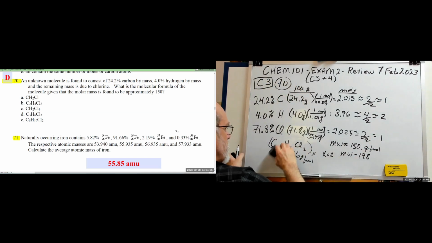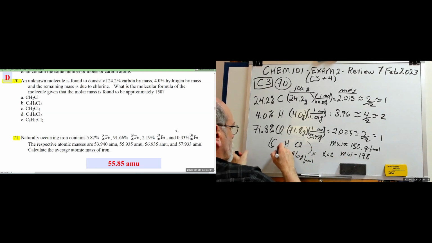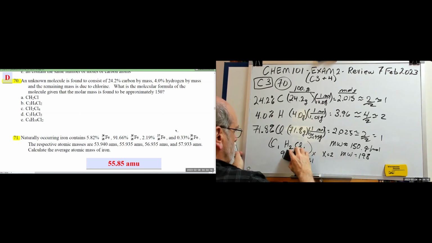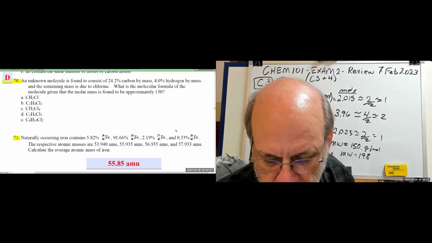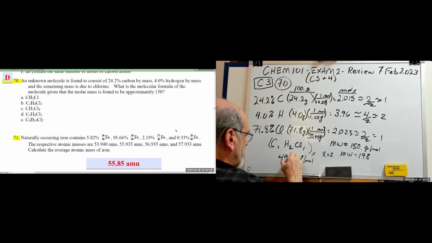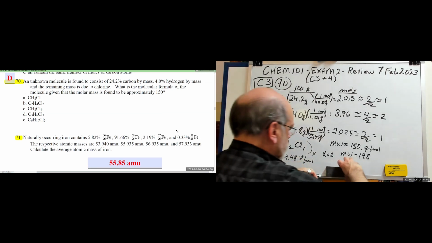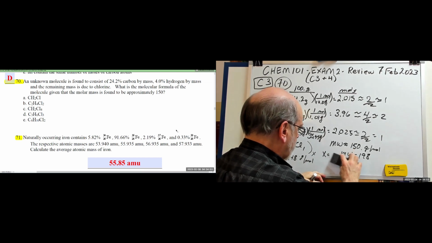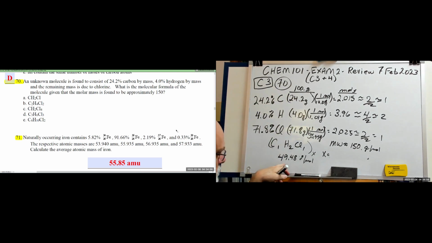So what we have here is 1, 2, 1. And the empirical formula should be half of that, 49.48. So let's erase this. This is 50.